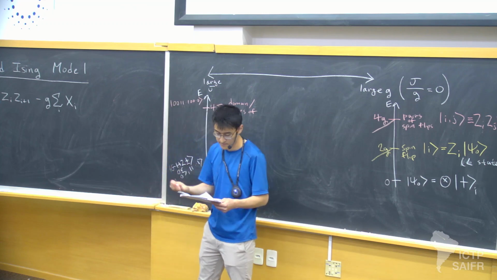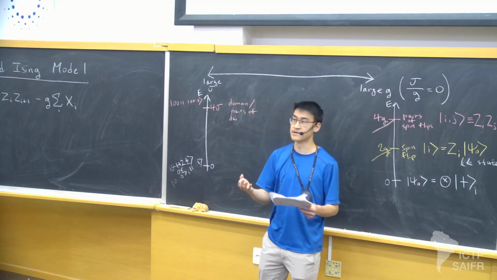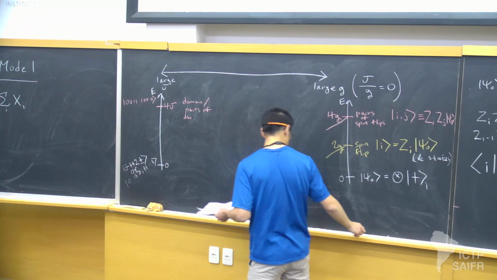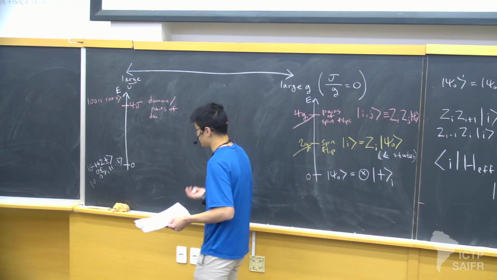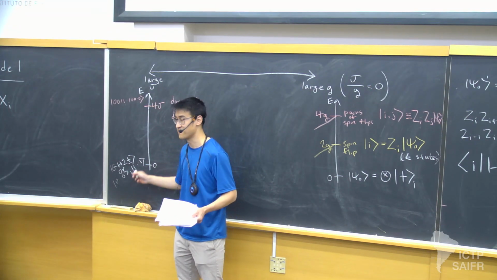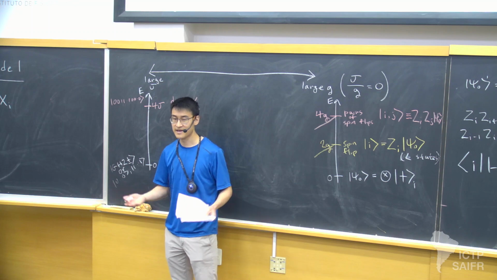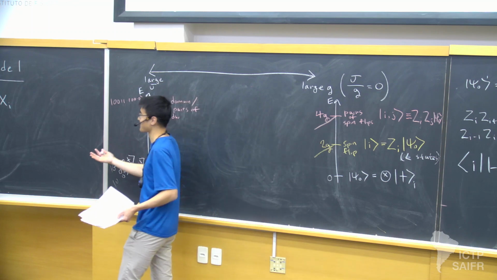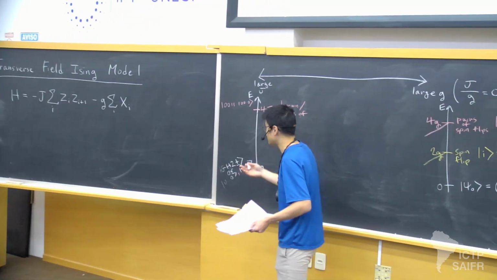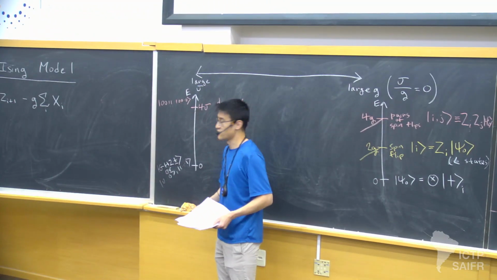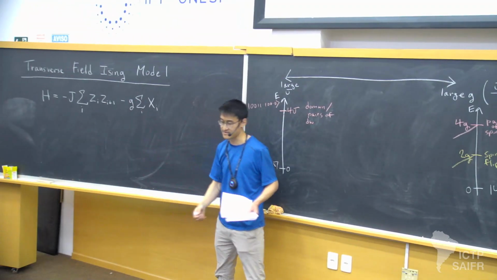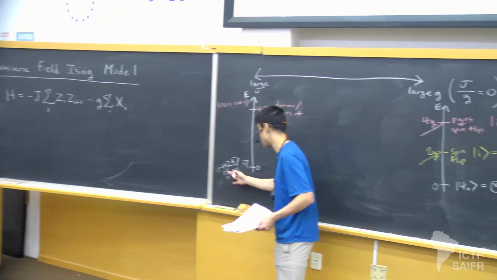And now we want to see what happens when we turn on finite g. First, now we even have to work a little bit for the ground state. The ground state itself is twofold degenerate, and we should first ask what happens when we turn on finite g. To do something non-trivial, the perturbation, the sum over x, has to couple the two degenerate states.